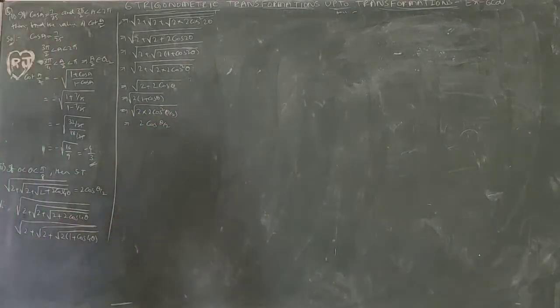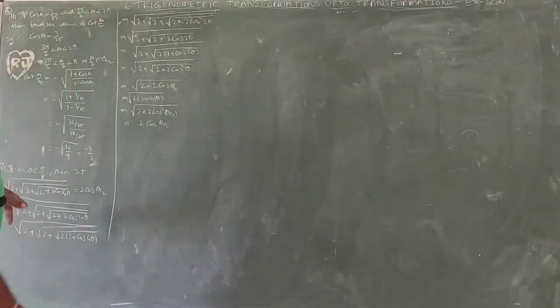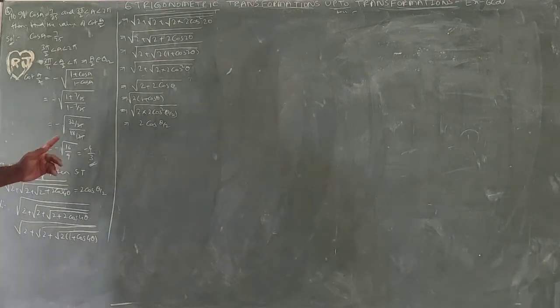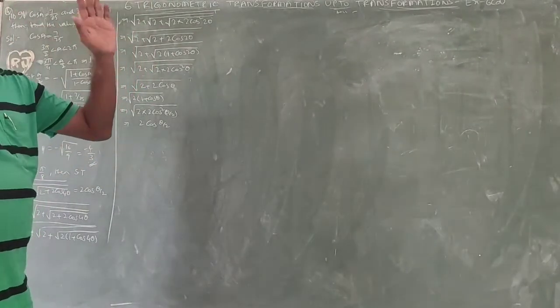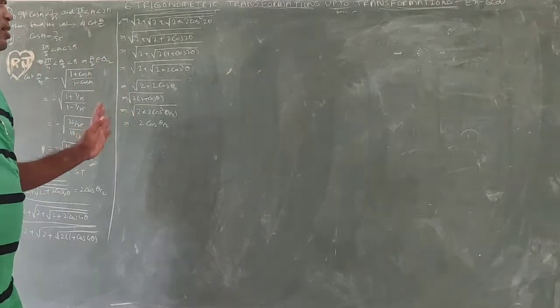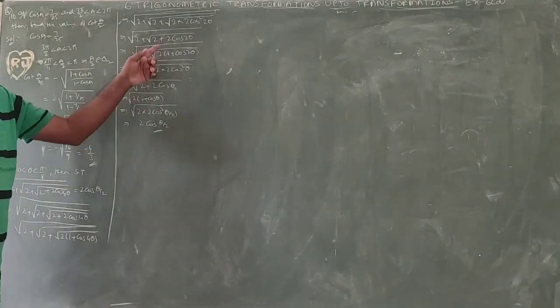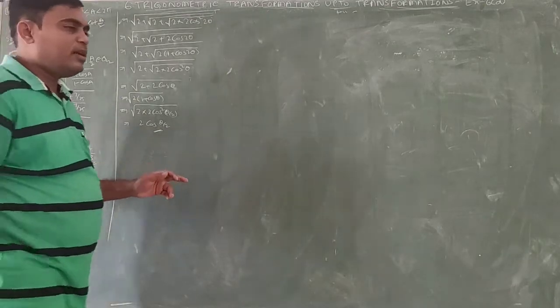Actually, bringing cos square outside of the root we will get plus or minus, but theta is less than pi by 8, so 2 theta, 4 theta are all less than pi by 2. So all lie in the first quadrant. So if we bring cos square outside of the root, in the first quadrant we will get only plus cos. That's why this condition is given, and we will get only positive while bringing outside of the root. So 2 cos theta by 2.